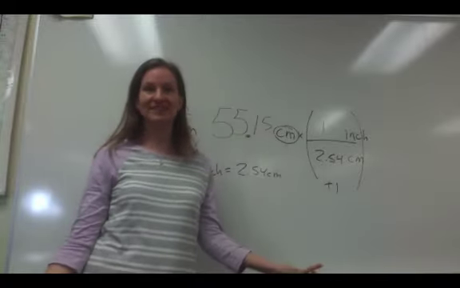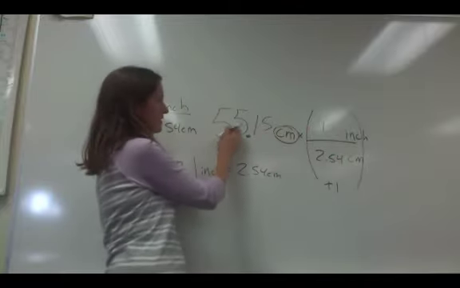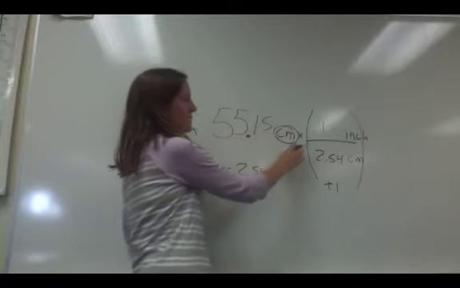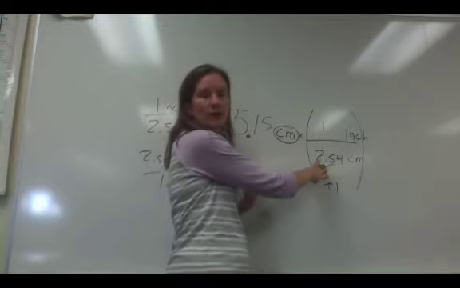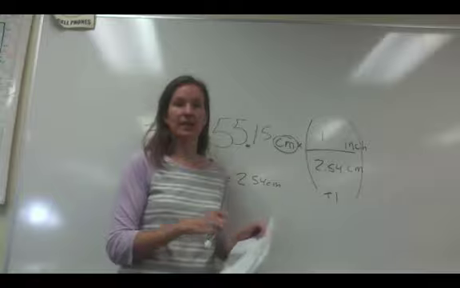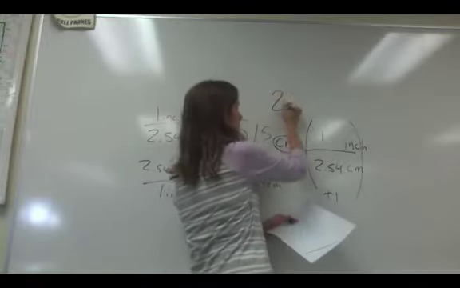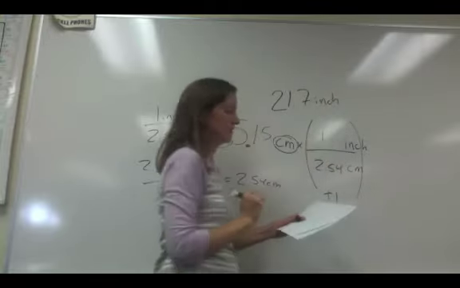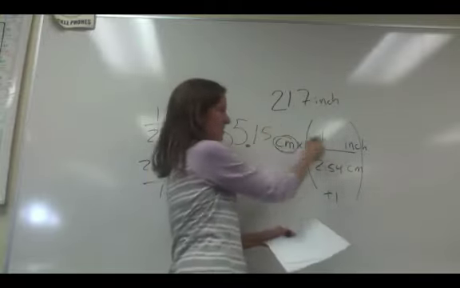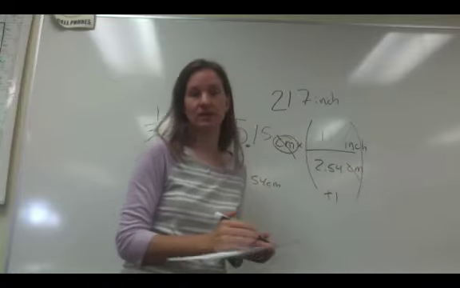Now to do the math, you'll take 55.15, multiply it by 1, divided by 2.54. Your final answer for this one is 21.7 inches. Centimeter went away, you have inches left. That is your final answer.